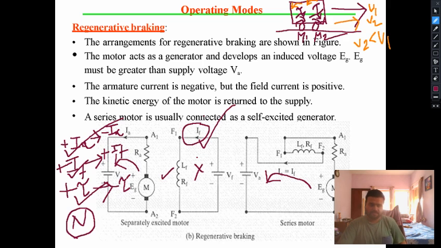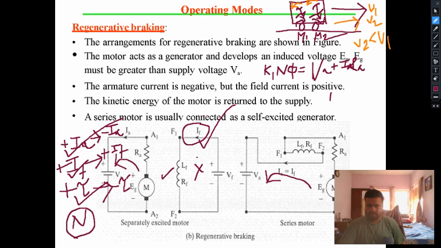So let us analyze the speed. Now, what will be the speed equation? I will write this again. It is k1 n phi, which is equal to VA plus IA RA.